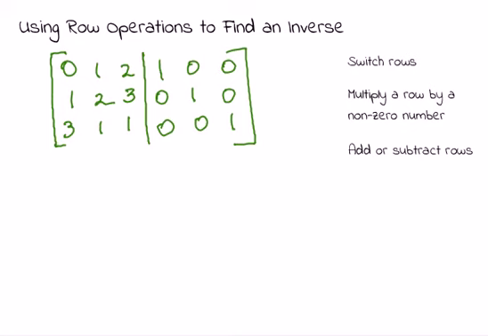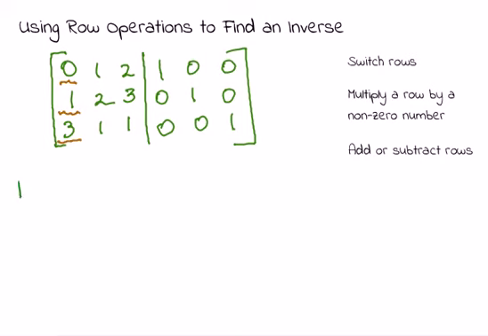Looking at the matrix that we're starting with, my first goal is to change this term to a 1, and then I'm going to want to turn these 2 cells into zeros. One thing I can do to make that first cell turn into a 1 is to just switch rows 1 and 2. By doing that, I get a 1 in the first cell of that column, and a 0 in the second cell.